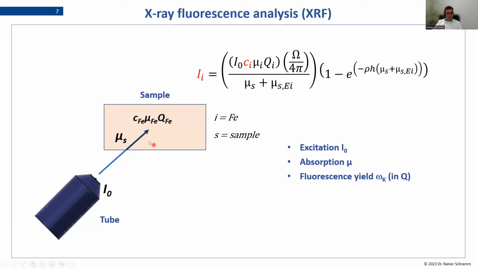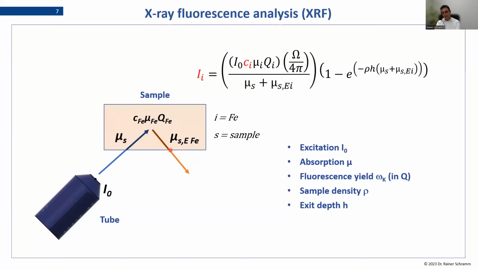In the moment this radiation is created, it has to leave the sample. So again, it will be absorbed on the way out. And this is also indicated here by this mu s based on the element. And then we also have a path for how deep the iron, or the element of interest, is analyzed in our sample.